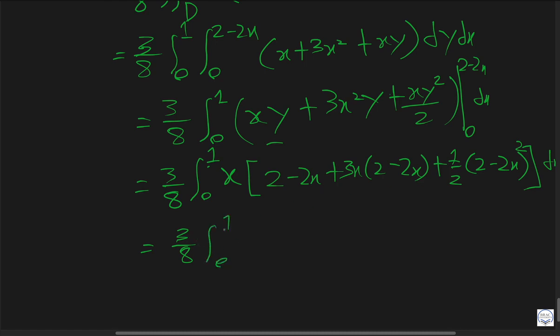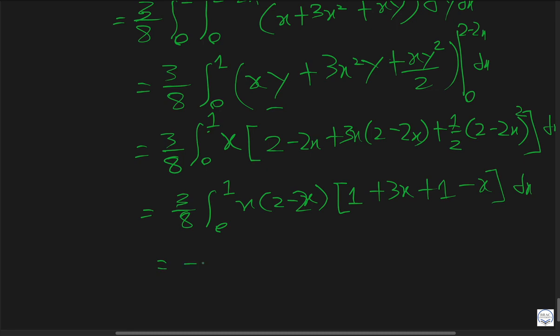So here again we should take 2 minus twice x as common to make our life a little easier. So now we'll have 1 plus 3x plus half into 2 minus twice x, and let's just divide by 2 because then we'll have 1 minus x, because the 2's cancel, times dx. And simplify this a little more.